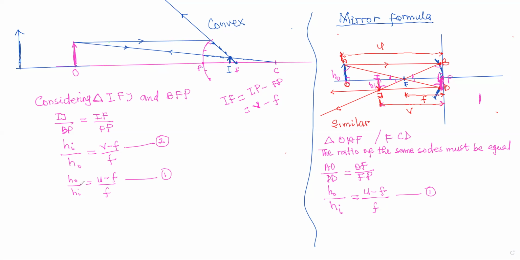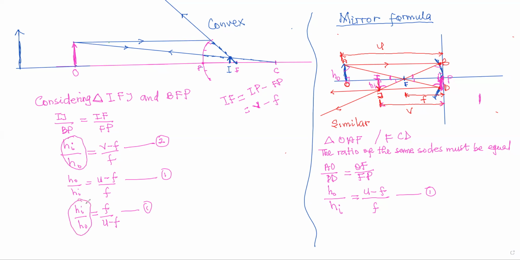Okay. Now we want to turn equation 1. This is HI over HO. We want to turn equation 1 to also have the ratio HI on HO, because they are not the same. So HI over HO from equation 1 will be equal to F over U minus F. Class, are you following?